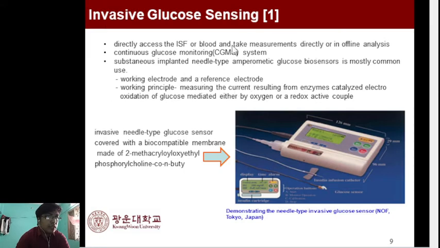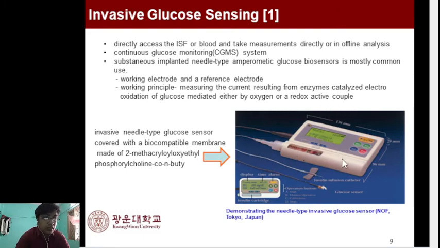Basically, this type of sensing technique is used in continuous glucose monitoring systems, and needle-type implanted glucose biosensors are the ones mostly used commercially. This technique uses two types of electrodes, the working electrode and the reference electrode, and based on the principle, it measures the current from the enzyme-catalyzed electrooxidation of glucose by oxygen or a redox active couple.